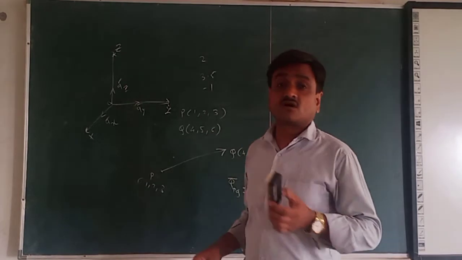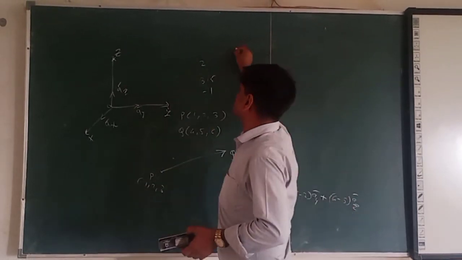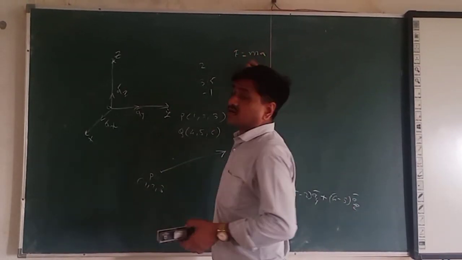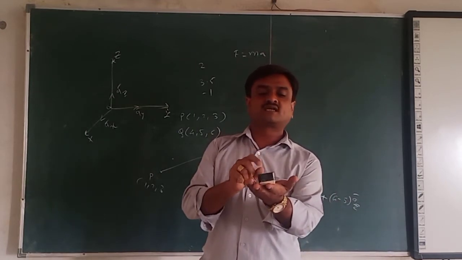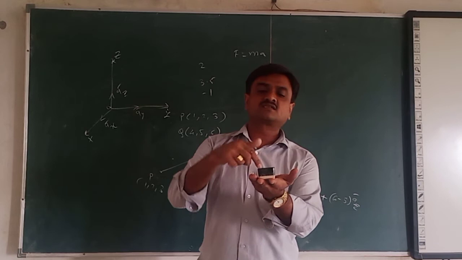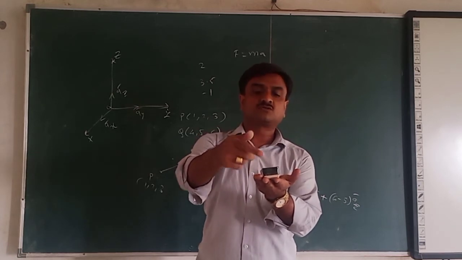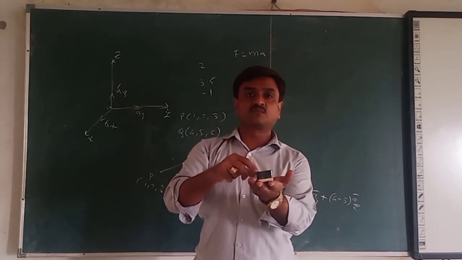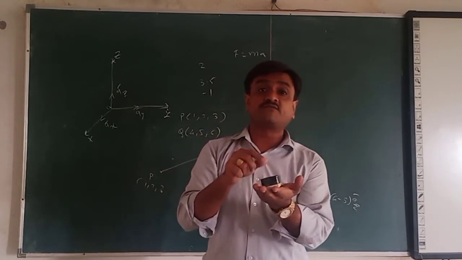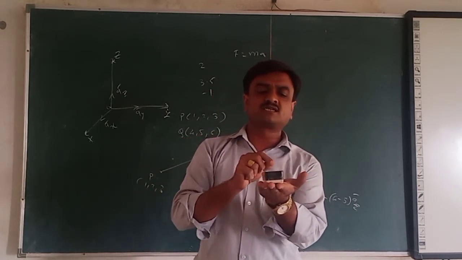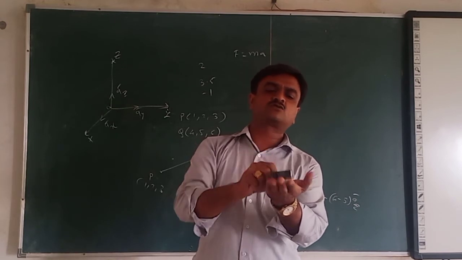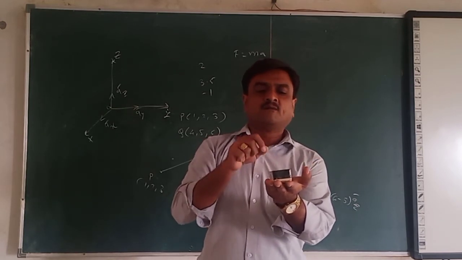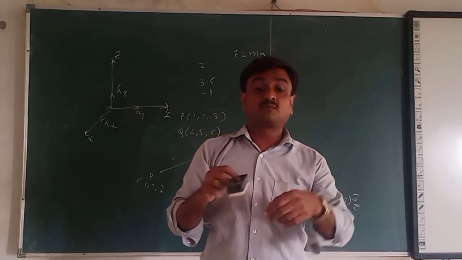But this is not the case with force. Force is equal to m into a, mass into acceleration. So if this is the duster and I put the force in this direction, the duster goes towards you, not towards me, which means force has direction. If I give a small jerk, it is displaced by a small movement, and if I give a bigger jerk, then it will go up to you.